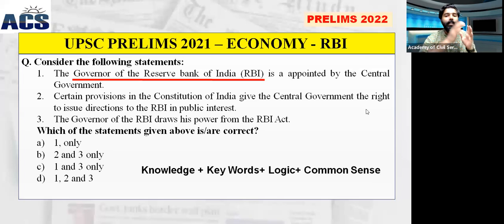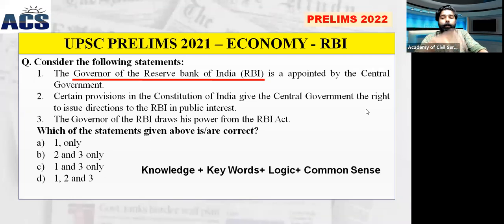So, Governor of Reserve Bank of India. This question is specifically about the RBI. So, Governor of Reserve Bank of India is appointed by the central government. That means for bodies, institutions, organizations, if there is a governor, if there is a chairperson, who appoints them is a specific fact we need to study.